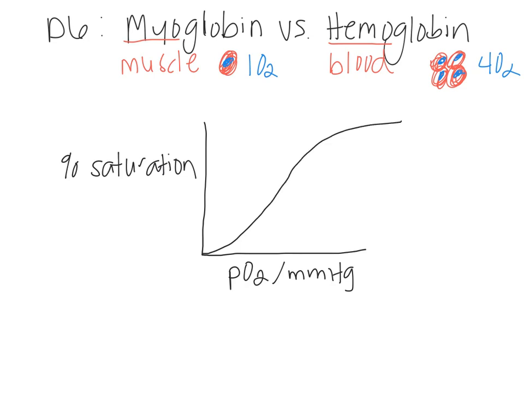Again, this means that I have to decrease the partial pressure in order for some of those oxygens to fall off or get donated from the hemoglobin molecule. So let me go ahead and label this one as hemoglobin.